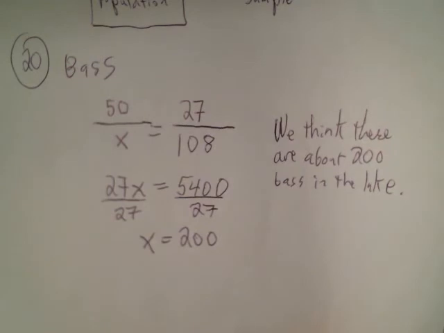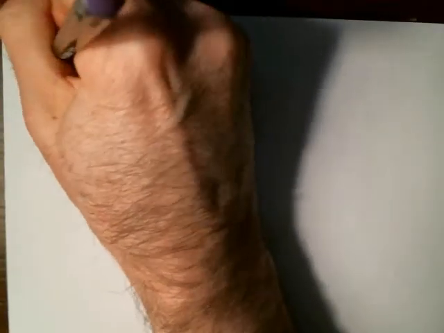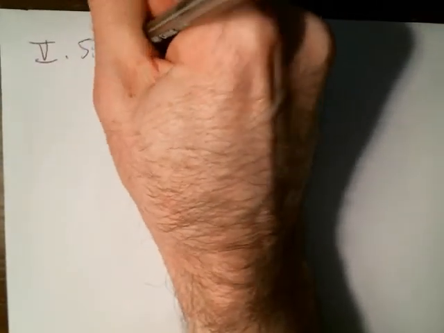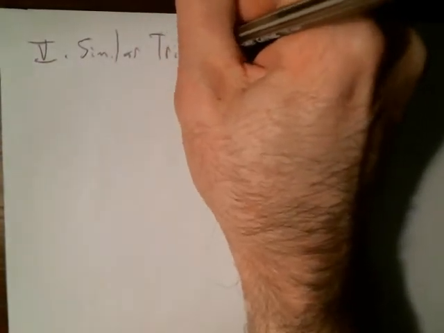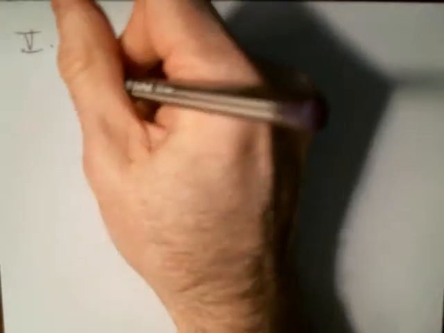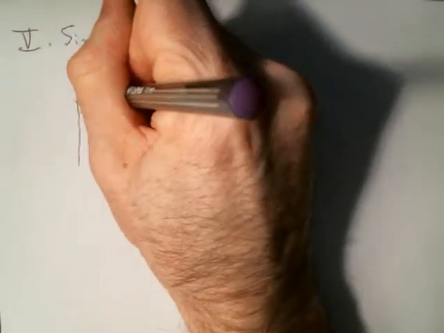Okay. The last section that I want to look at, similar triangles. So it's kind of a geometry thing, but you're going to be able to make a proportion out of it to determine some unknown information.